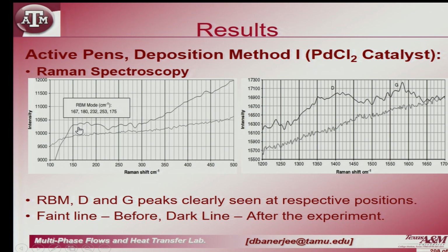Okay. And then you look at what is known as the defect band and the graphitic band. Okay. So, because at the end of the day a carbon nanotube is nothing but graphite, a graphite sheet rolled into a nanotube, right. It is like taking a sheet of graphite paper and making a tube out of it.